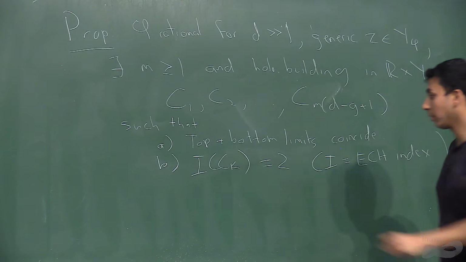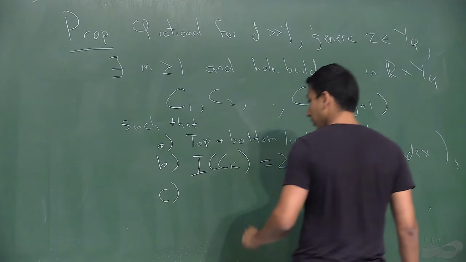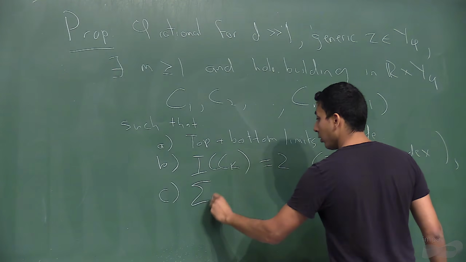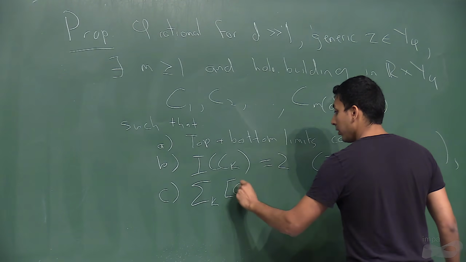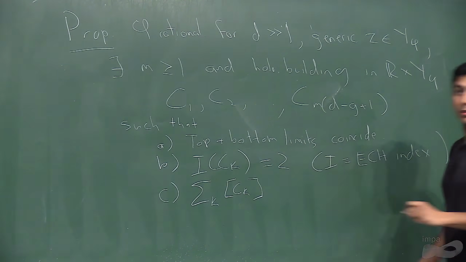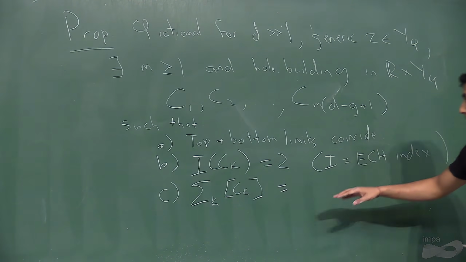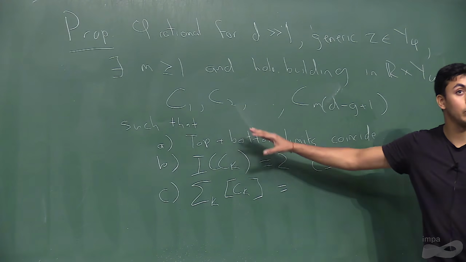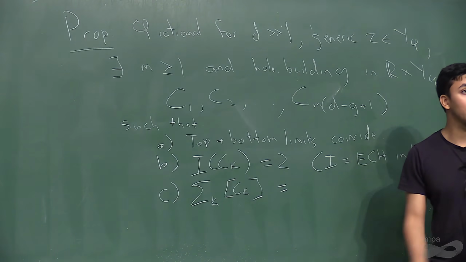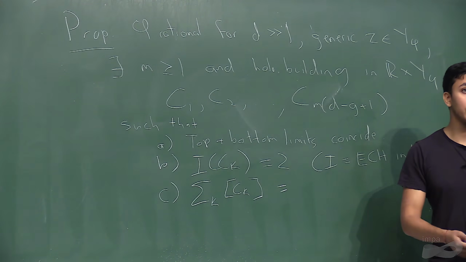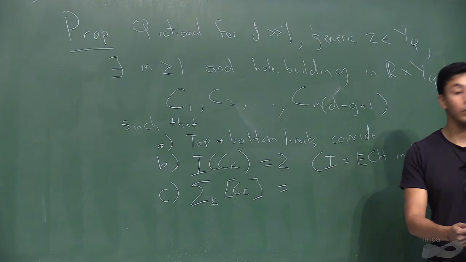Property C is that the sum over all k of the relative homology classes of these curves, just as a note, since this building has the same top and bottom limits, if you add up all the relative homology classes of these curves, you get a genuine two-dimensional homology class in the mapping torus.